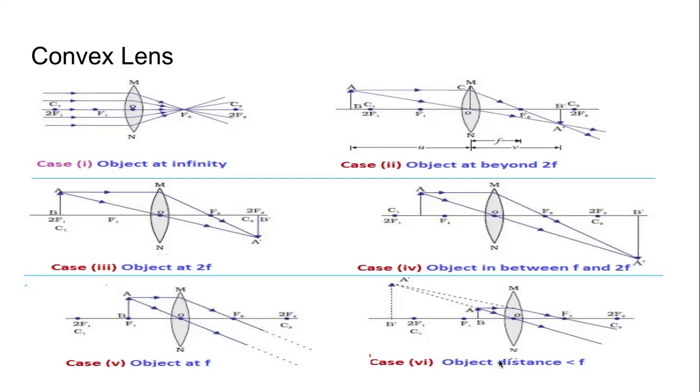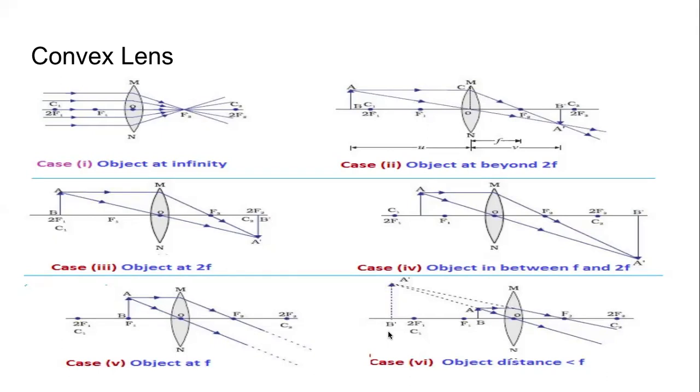In case number 6, they will diverge from each other because of how the lens is constructed. And because of this divergence, it will seem that the rays are coming from the same side of the lens, from here. So this is an image which is definitely different from all the other 5 images.